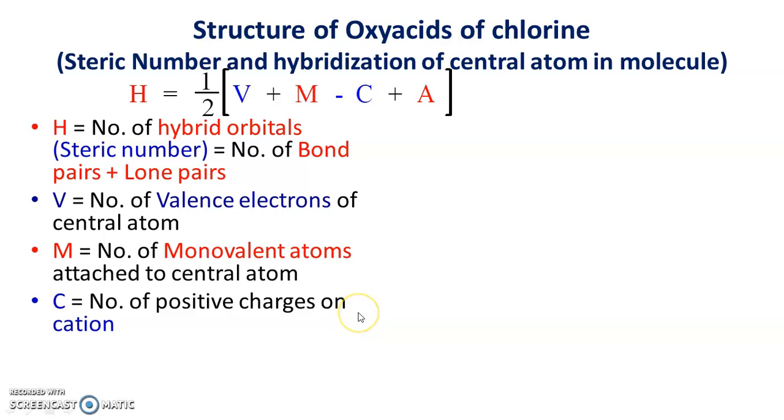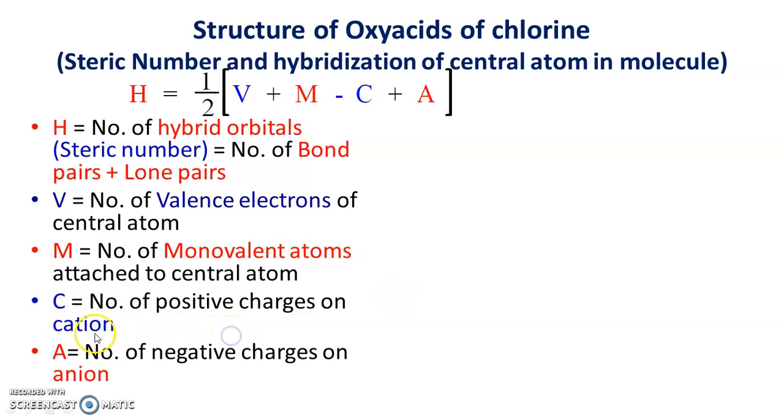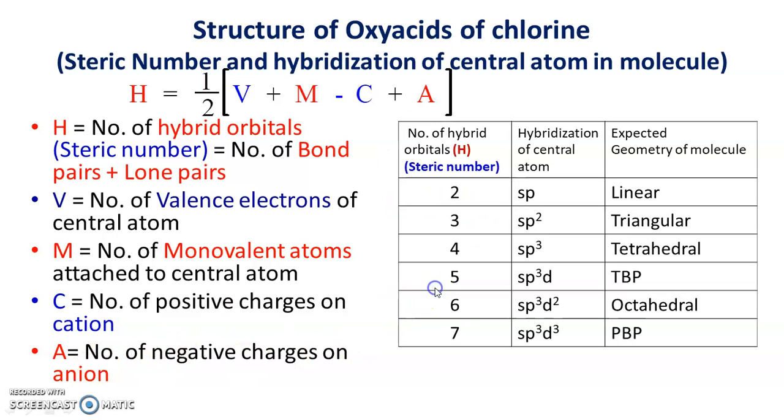If there is 1 positive charge, the value of C will be 1. If 2 positive charges are there, C is equal to 2. Now what is A? A stands for the number of negative charges carried by the anion. For an anion with 1 negative charge, the value of A is equal to 1. When 2 negative charges are there, A is equal to 2.